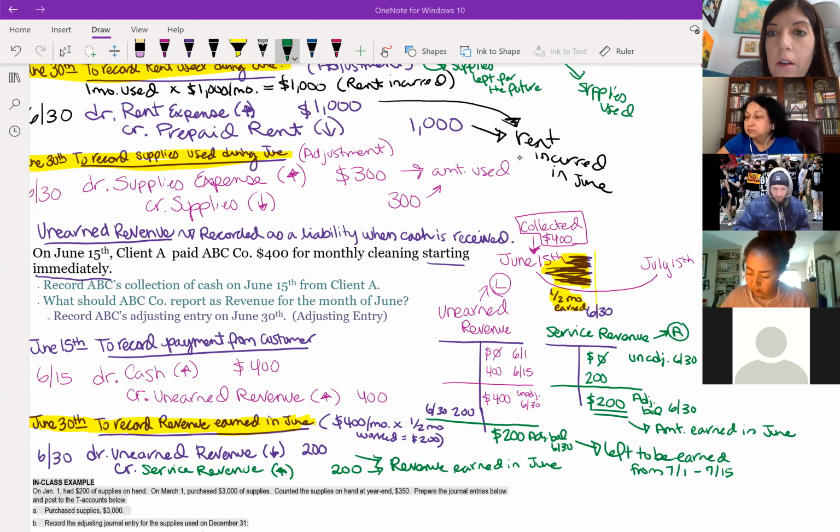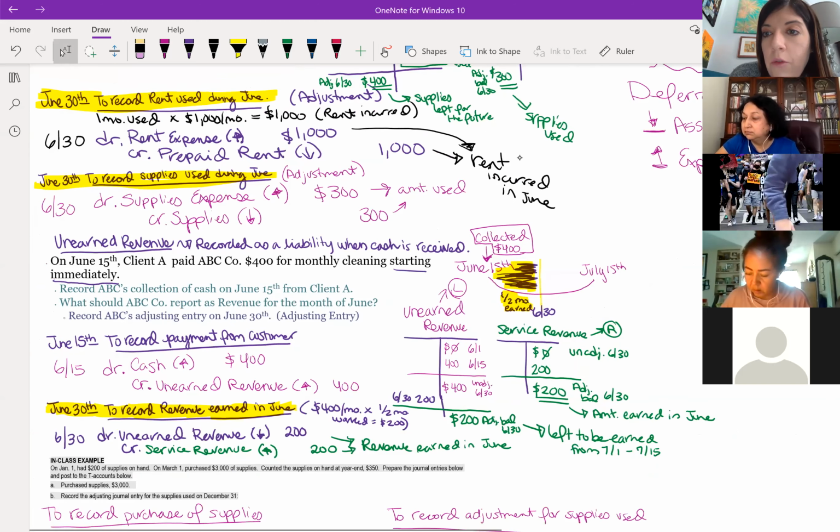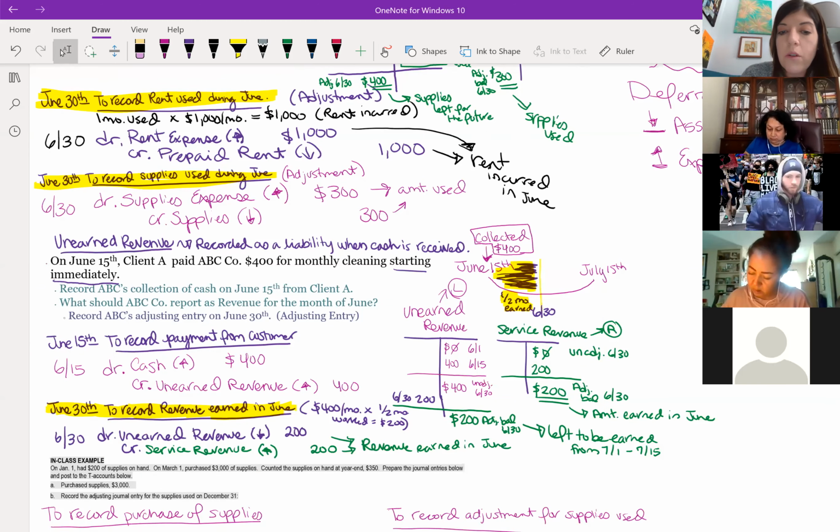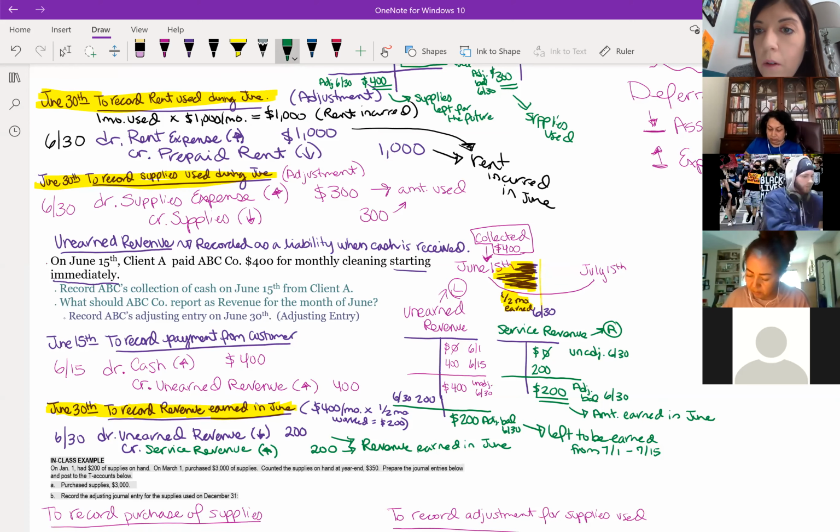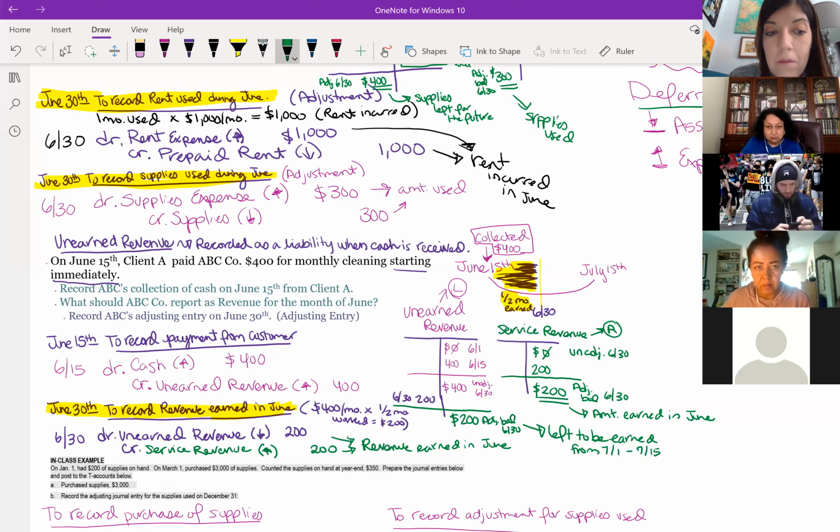And just like we did for our deferrals for assets, if it's a deferral that relates to a liability, which is what we had in that second example, what happened to the liability account for the adjusting entry? The liability unearned revenue decreased. And our revenue account increased.